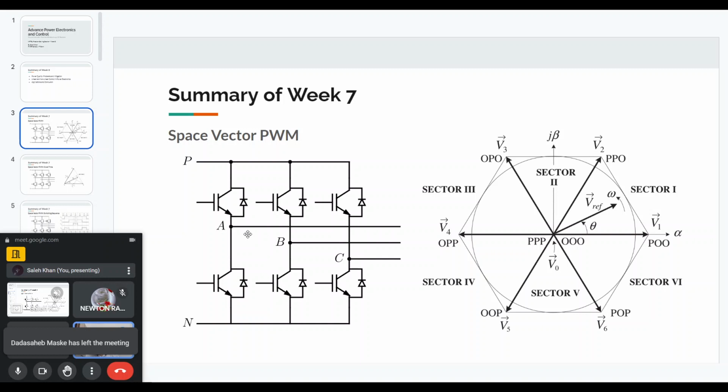When I say they are distributed in space 120 degrees apart, I mean that physically we have a cylindrical stator, and one winding, let's say in a horizontal configuration. The other winding will be spaced 120 degrees apart from the first winding, and the third winding will be spaced another 120 degrees apart from the second winding. It is a physical positioning of these windings, and so they are distributed in space.